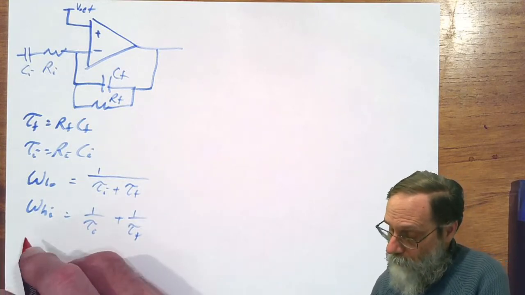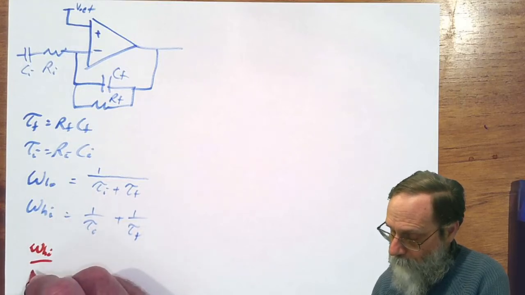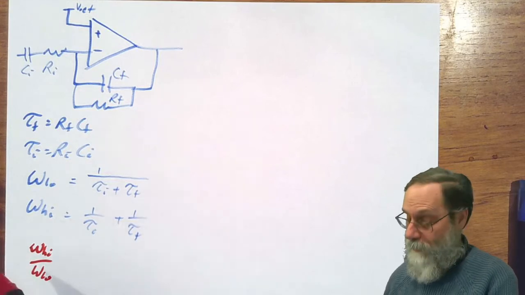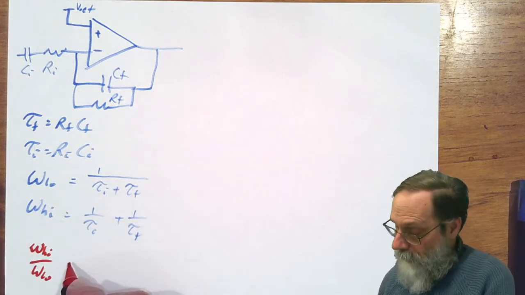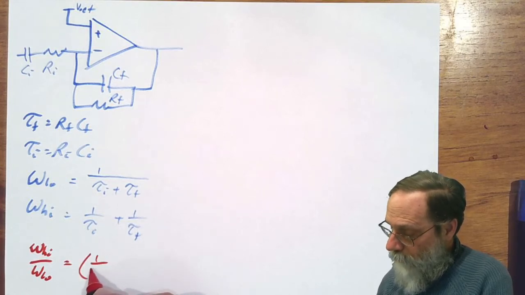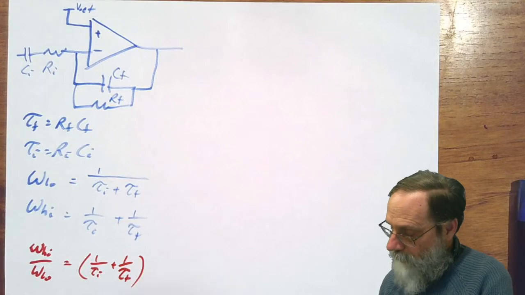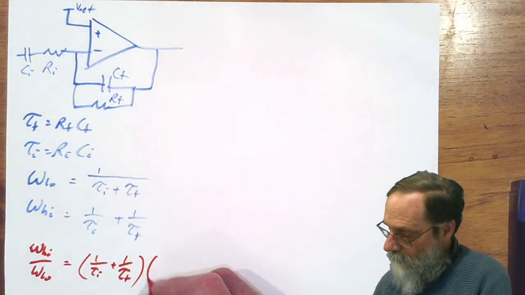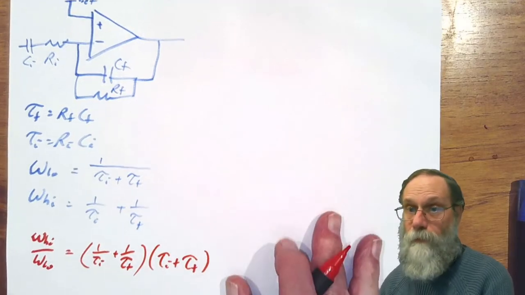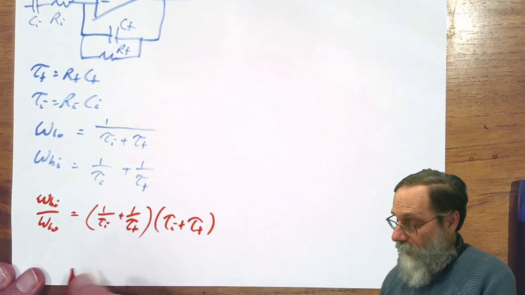Well, if we look at the ratio of the frequencies, so omega high over omega low, which is the same as the ratio of the frequencies because the two pi's cancel, that's going to be 1 over tau I plus 1 over tau F times, inverting that, tau I plus tau F. All right, we can multiply this out.